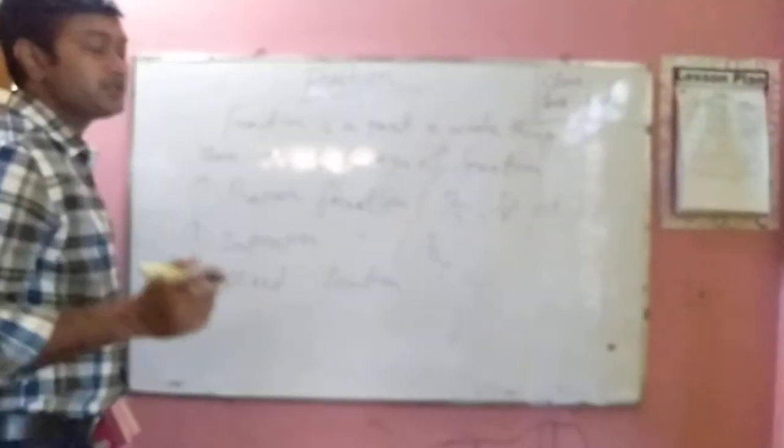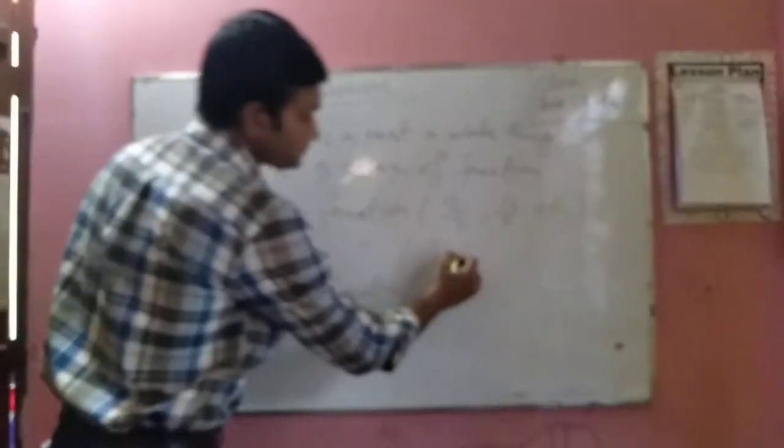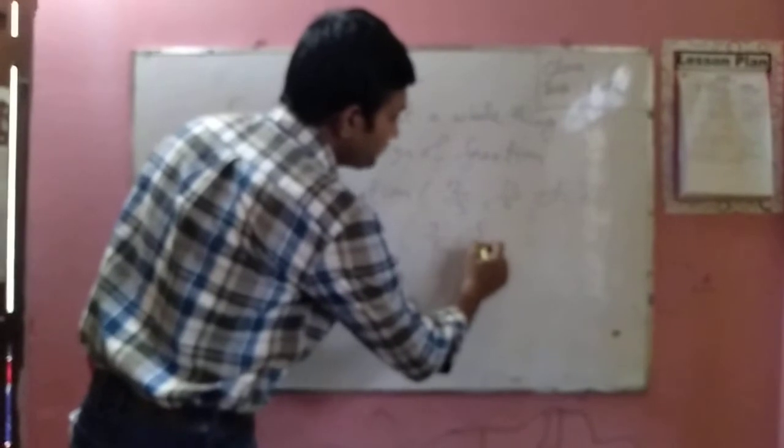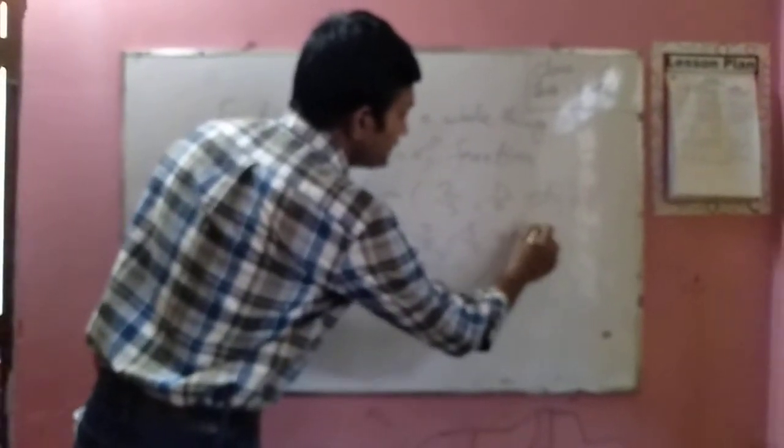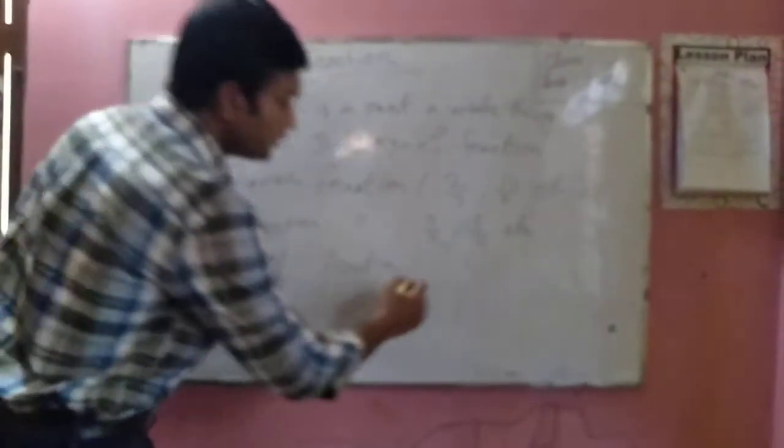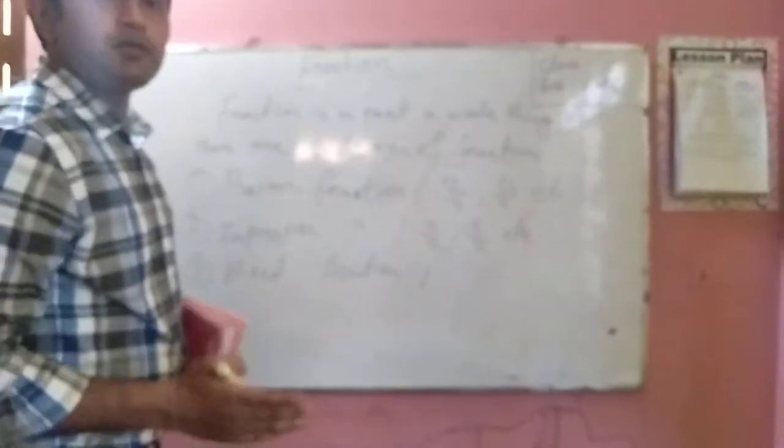Here the numerator is greater than its denominator. If I write 5/2, etc., you can see the numerator is greater than its denominator. And the mixed fraction is a fraction combined with an integer number or whole number.